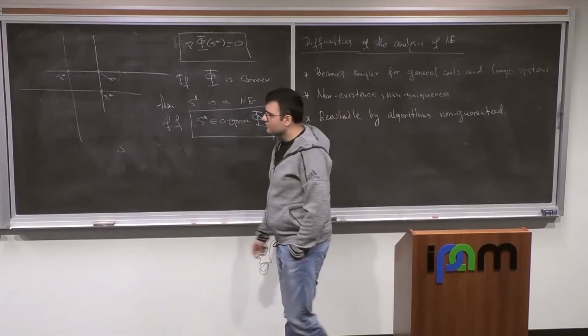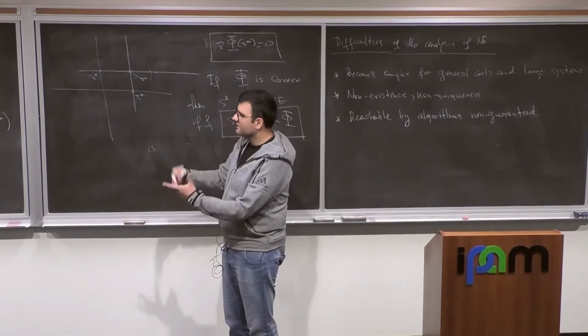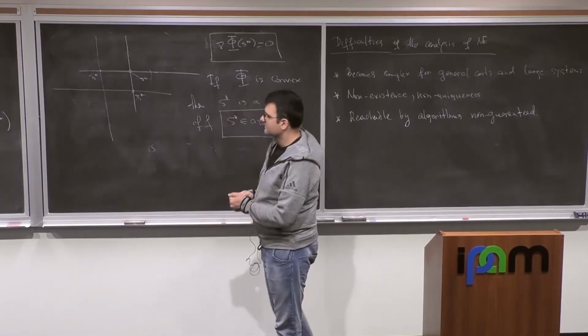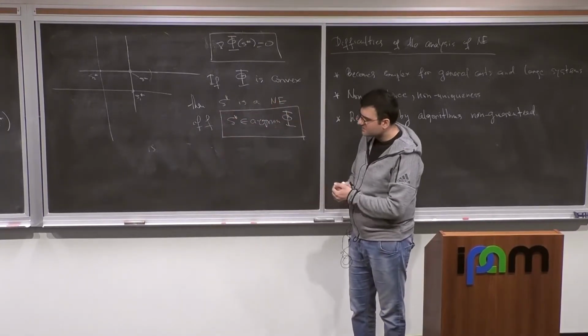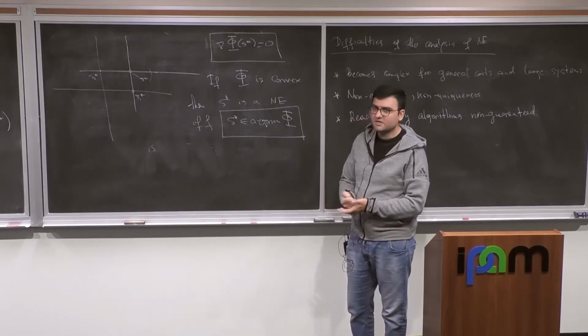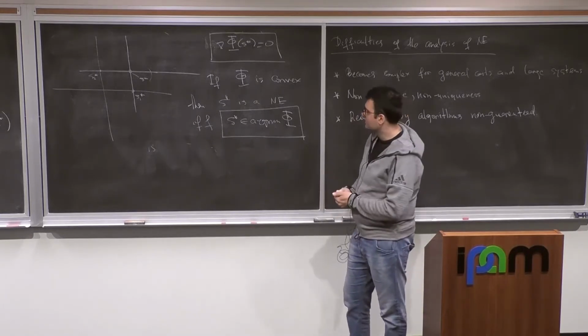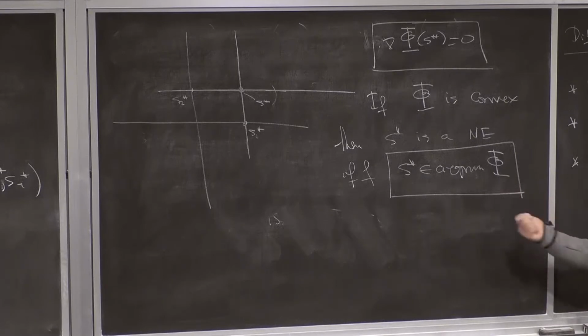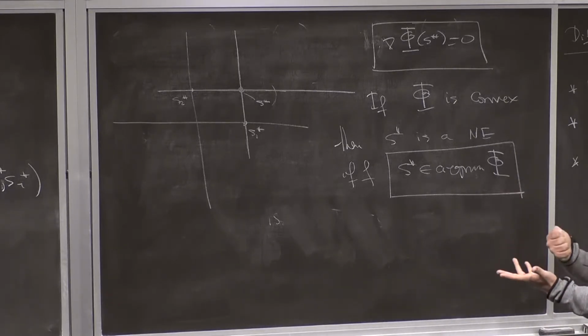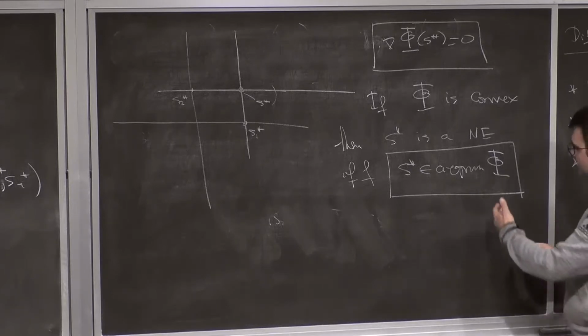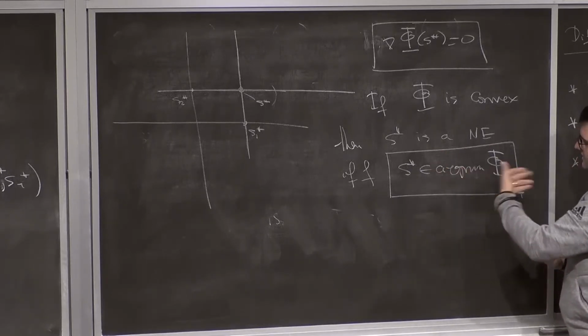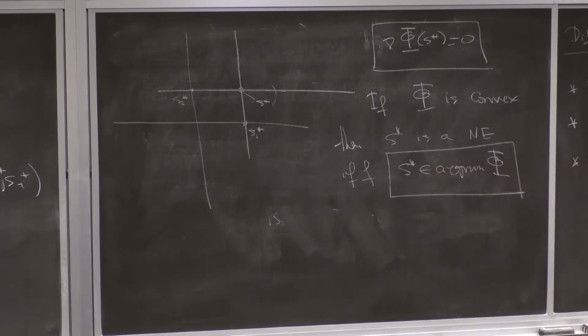So when we're dealing with this kind of games, it's always good to understand the structure of the game well, and if it's possible to come up with the potential, then instead of looking at Nash equilibrium, we'll be looking at the minimization problem of phi.